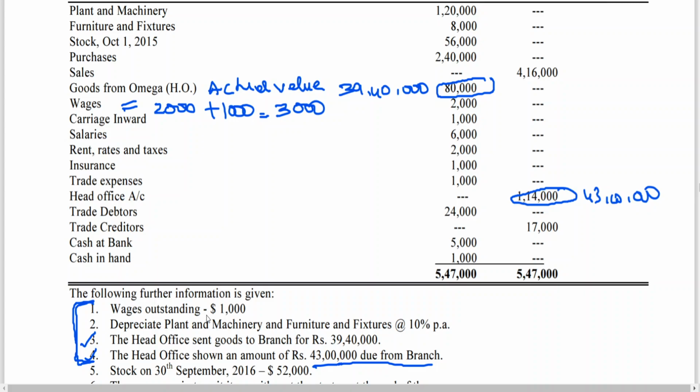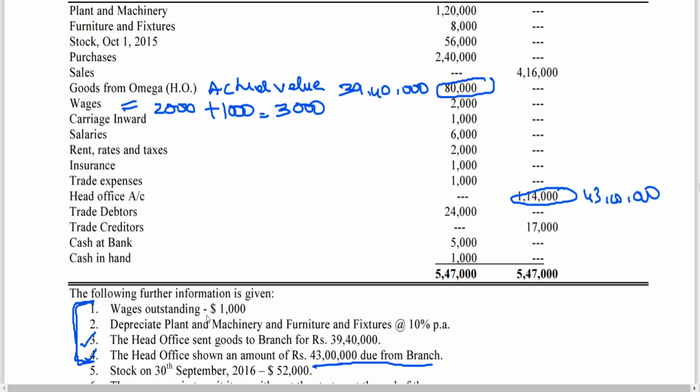When that adjustment has been provided and is to be taken into the trial balance, that is incorporation. By taking that into the trial balance, you are redrafting the trial balance.